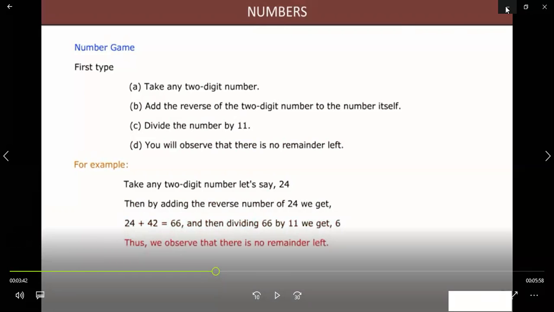Another number we can take, for example 13. After reversing it, 13 plus 31 is 44. So again you are getting a number which is divisible by 11, which means no remainder is left. Any two-digit number you can take and try these rules, and you will get the same result, that no remainder is left.